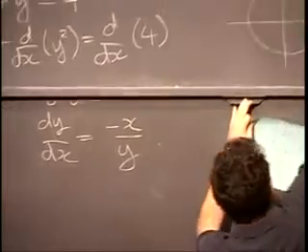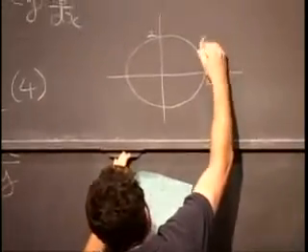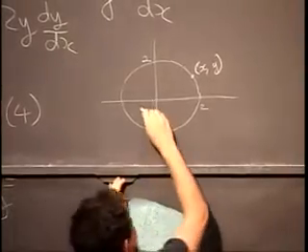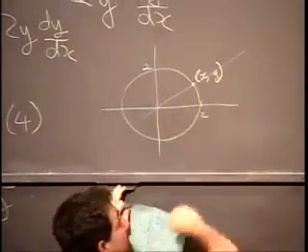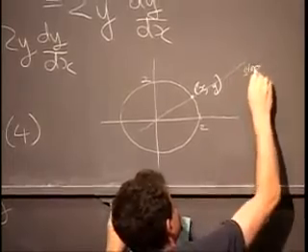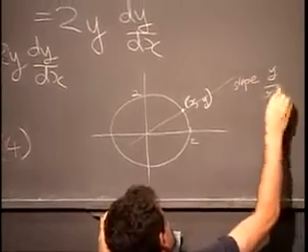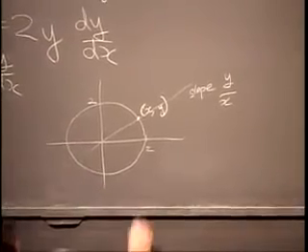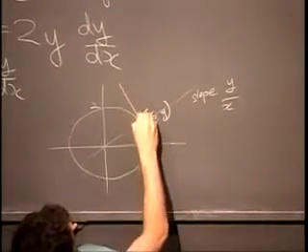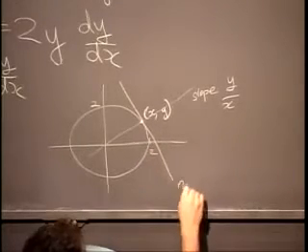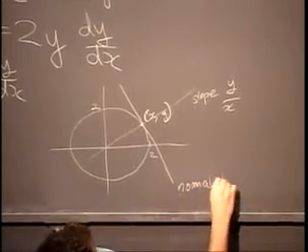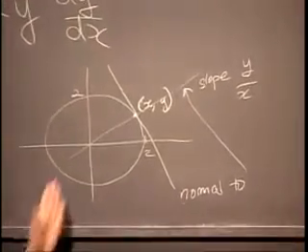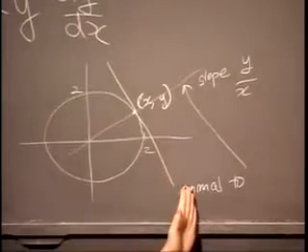If you take a point (x, y) on the curve, the line from the origin to that point has slope y over x, because its rise is y and the run is x. So we know from elementary coordinate geometry that the normal to this line, that's perpendicular, is actually the tangent to the circle, right?